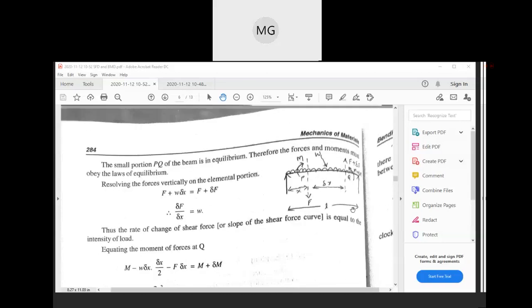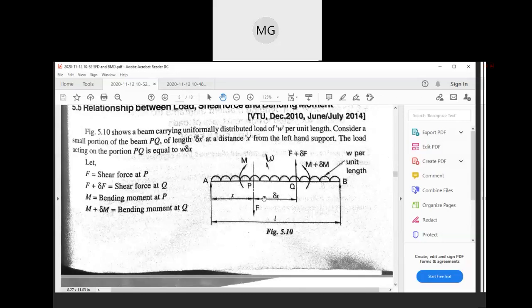Next, this side, only 5 minutes is there.